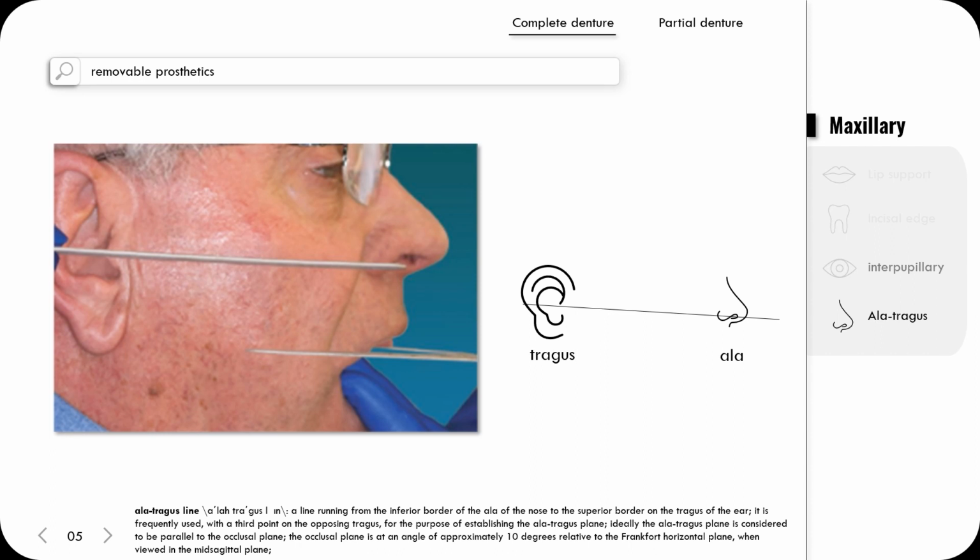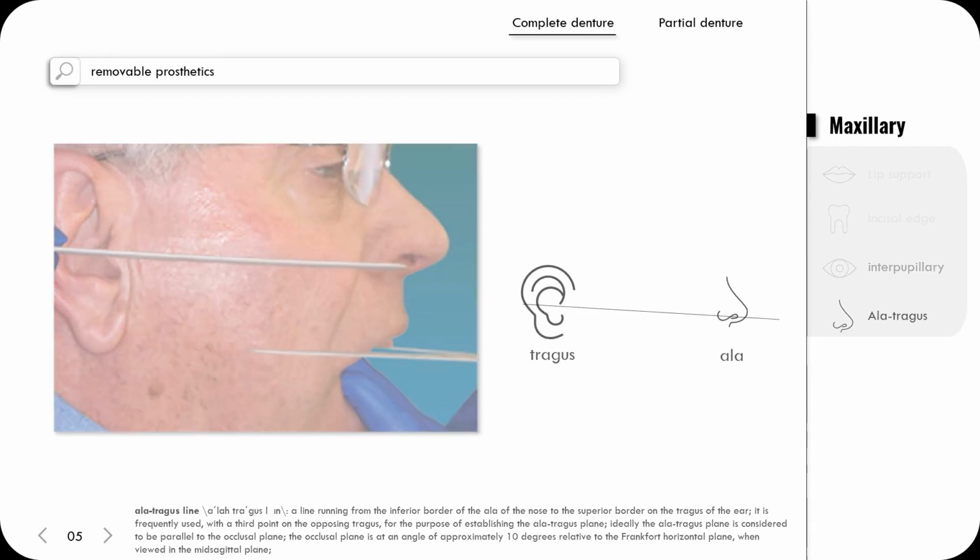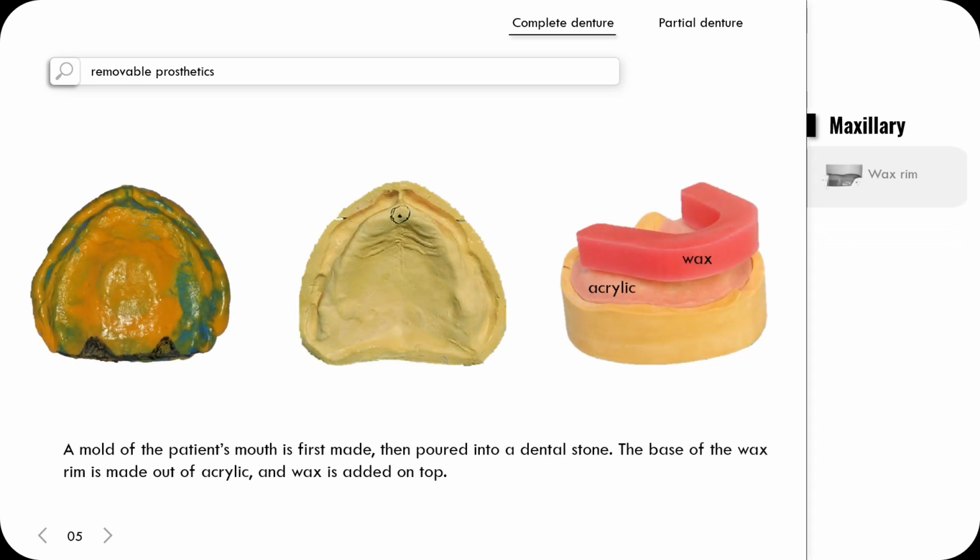So, with all those things in mind, we want to figure out a way in which we can very quickly capture all these parameters in a patient that doesn't have any teeth. So the way that this works is we make an impression of the patient's mouth, and then in the center photo you can see that's the stone model that's poured from it.